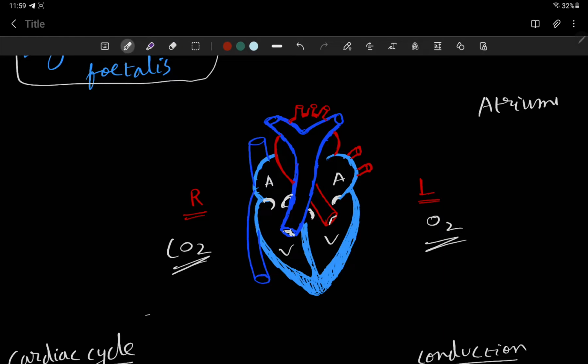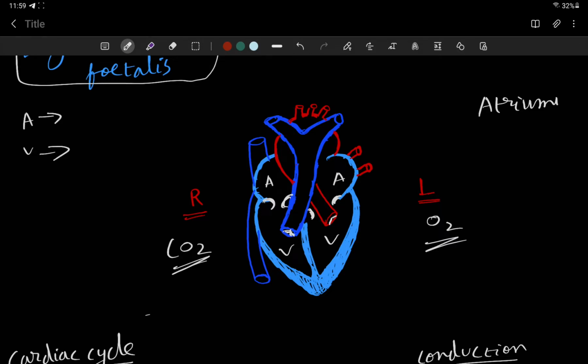At first, the 2 atriums will receive the blood via certain arteries and veins. So let us know some minimal terminology before covering this topic. First, atrium and ventricle. Let me give you some tricks to remember this.